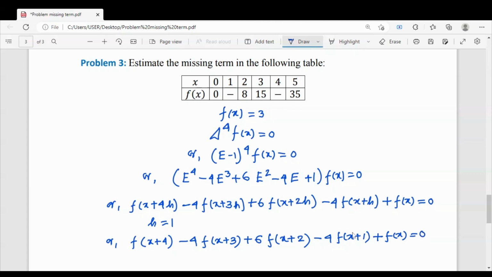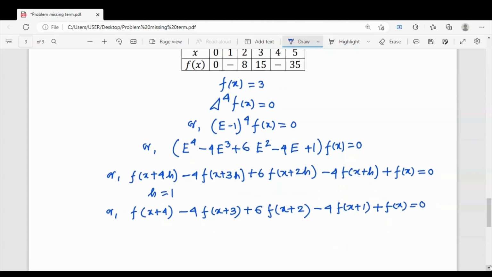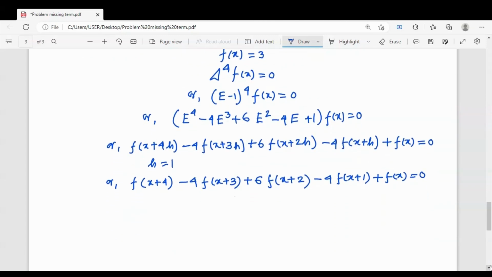Now here you have to find the two values, that is f(1), and also you have to find the value of f(4). So to find these two values, first of all we put x equal to 0 in this relation.